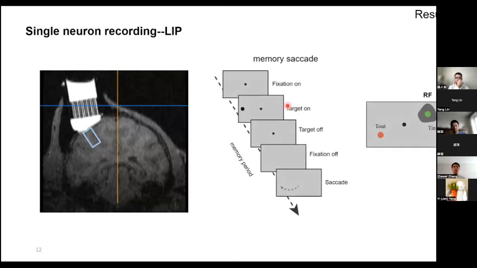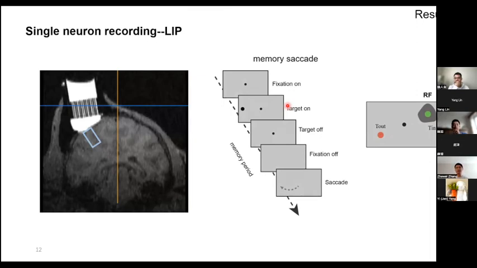When we found a neuron, we would first map its receptive field with the memory-guided saccade task. Only neurons showing a very clear delay response and spatial selectivity in that task were recorded and included for further analysis.